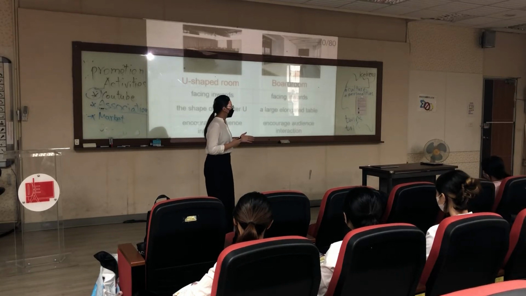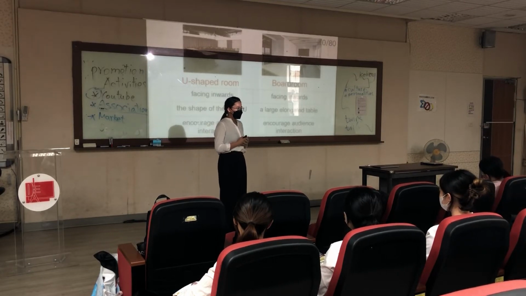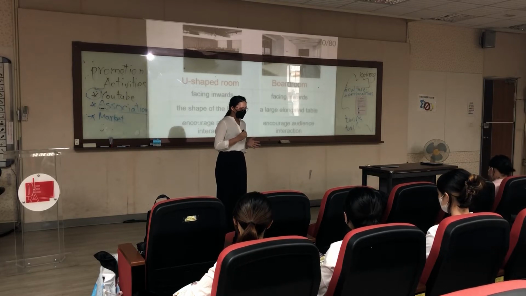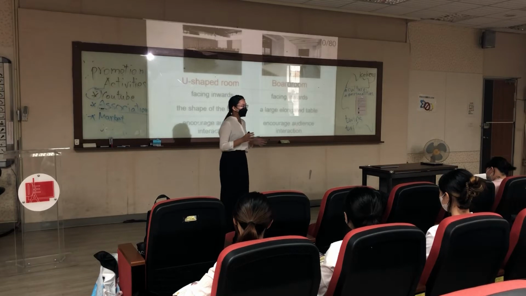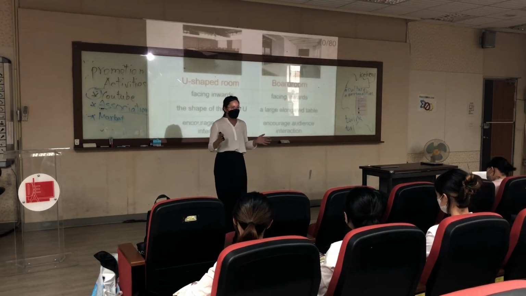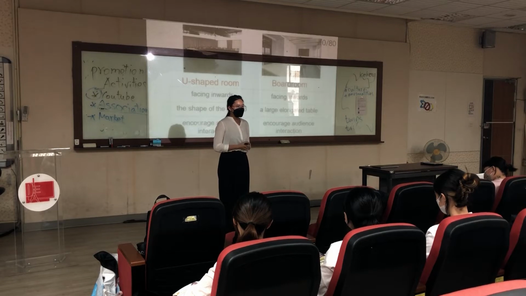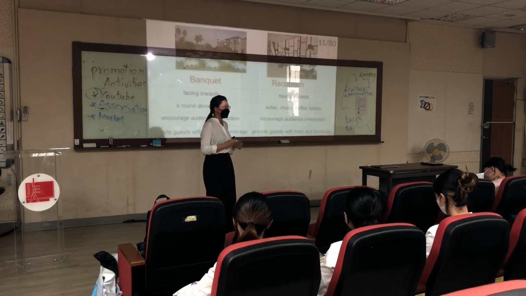And the boardroom, just like the present seating arrangement of 3401, is a large elongated table, and the audience is facing inward, so it also encourages audience interaction. So now is banquet and reception.